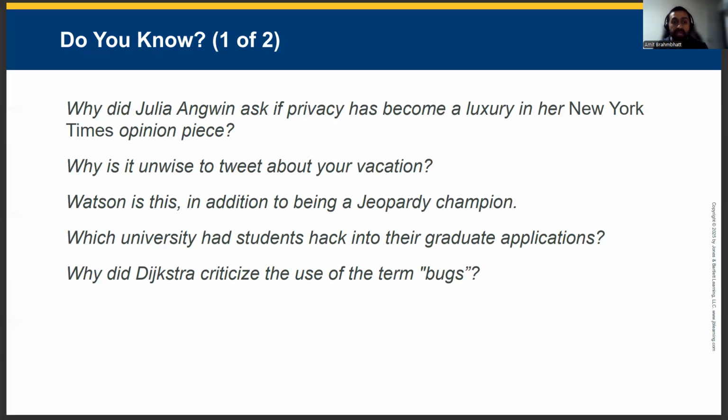Finally, Dijkstra's criticism of the term bugs reminds us that many errors stem from poor thought processes and not random accidents. Each question invites deeper reflection on computing's societal impact.